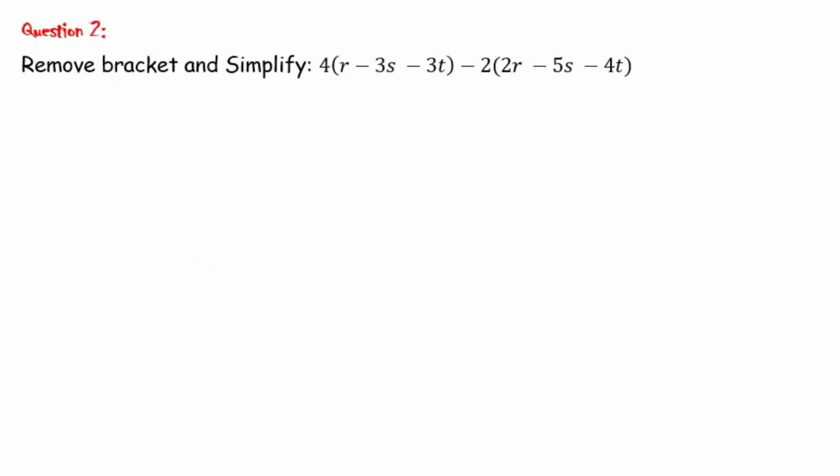Look at this. We have a question like this. What do we do? We have to remove the bracket first. So when you use this to open the bracket, you are going to have 4 times r. That will give you 4r. Okay. Minus 12s. Then minus 12t. All right.